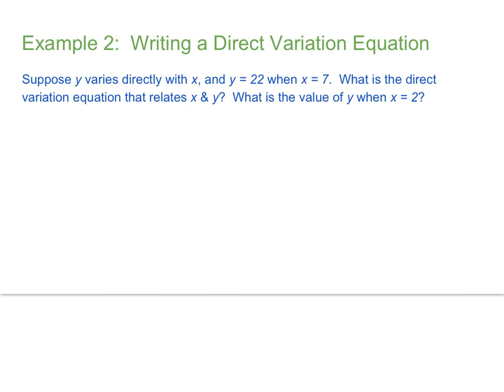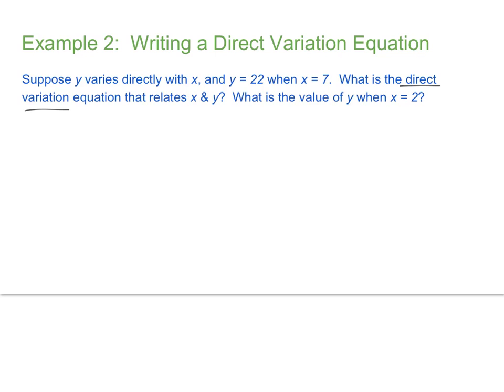Example 2. Writing a direct variation equation. Suppose y varies directly with x, and y equals 22 when x equals 7. What is the direct variation equation that relates x and y? What is the value of y when x equals 2? The first thing is, we are told that this is direct variation.